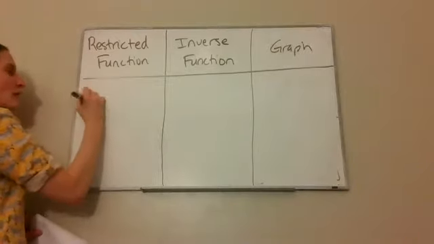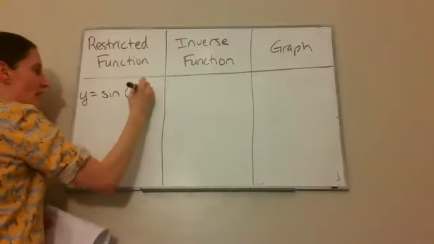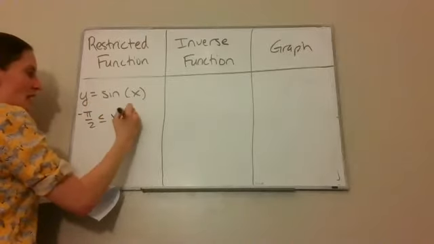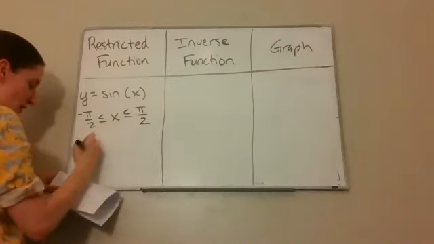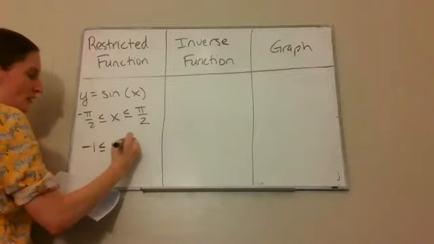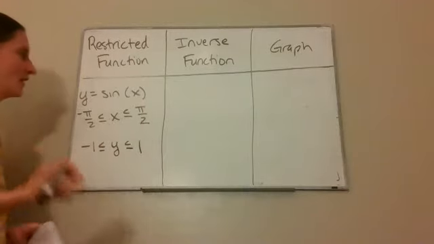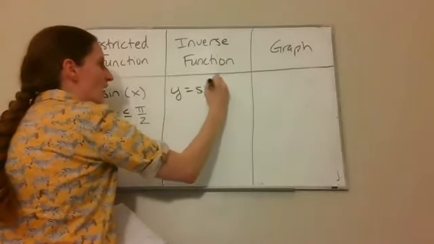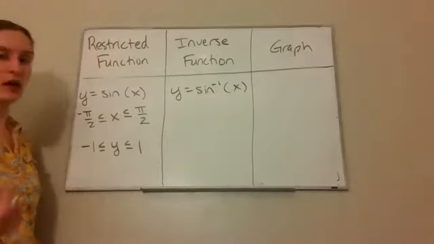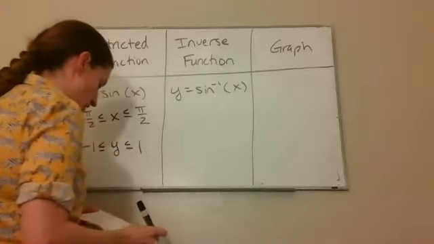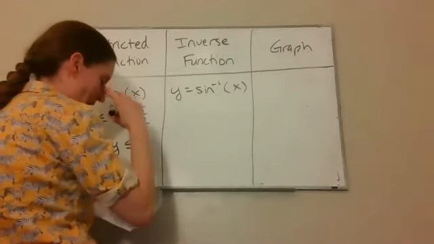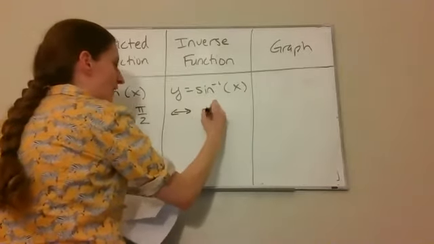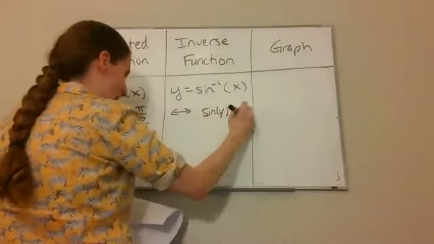So my restricted function is sine of x, and I'm restricting my x values to be between negative pi over 2 and pi over 2. And I know my output is between negative 1 and 1. The inverse function would then be y equals inverse sine of x, or arc sine of x if you prefer that notation. And it's defined by y equals inverse sine of x if and only if sine of y equals x.